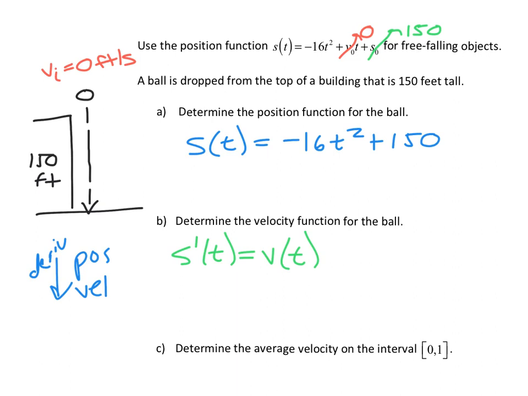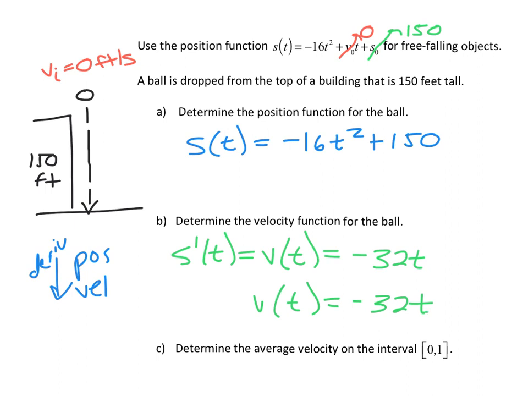So this is where you use the power rule. Using the power rule here, I take my exponent, multiply in front, subtract 1 from the exponent. So the first term goes to negative 32t. And then 150 is a constant number. Derivative of a constant is 0, so plus 0 here, which we don't have to write. So velocity is just negative 32t. Nothing more than that.